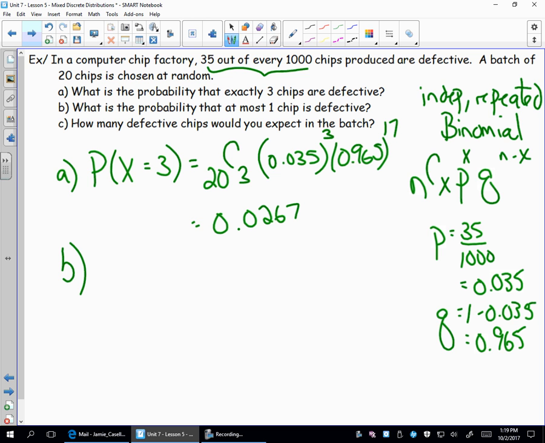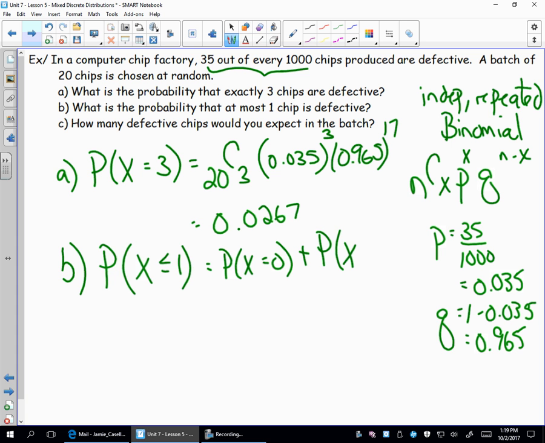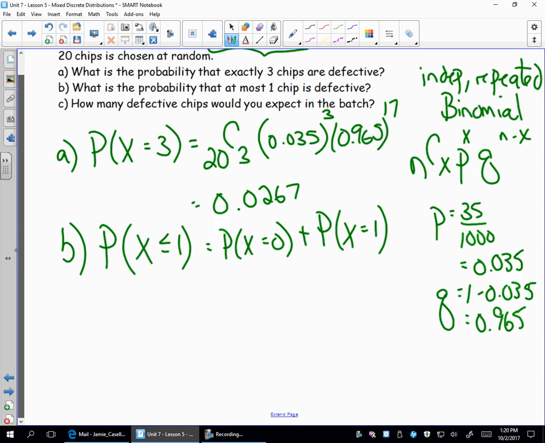Okay, part B. What is the probability that at most 1 chip is defective? So no more than 1, in other words, less than or equal to 1, which we know means we have two cases: the probability of 0 or the probability of 1. We're going to do these in 2 separate stages.